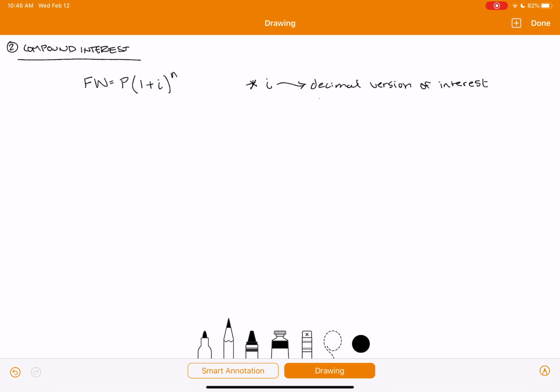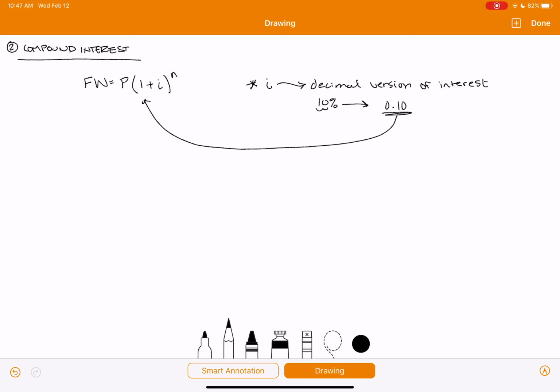So for example, if we had 10% interest rate on this account, we would turn this percent into a decimal before we insert it into our equation. So we would just move our decimal 2 places to the left. So we'd go 1, 2. So it's going to be 0.10. And this is what we're going to use in our equation right here.